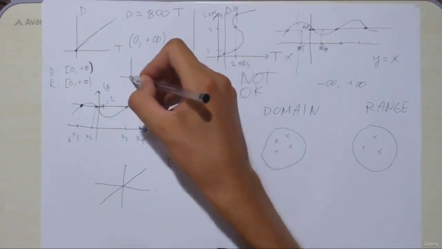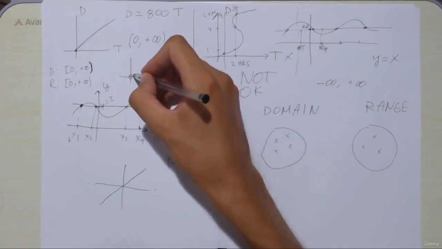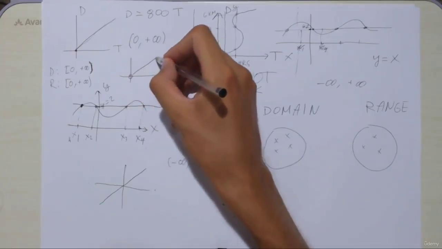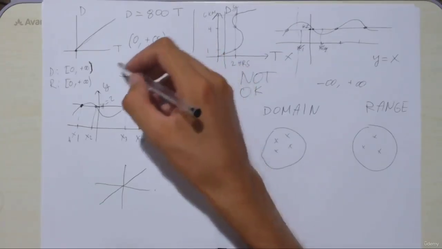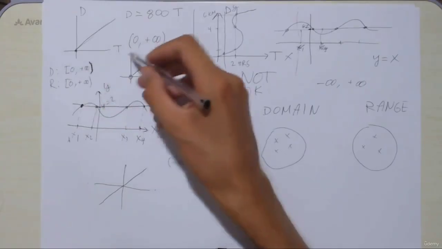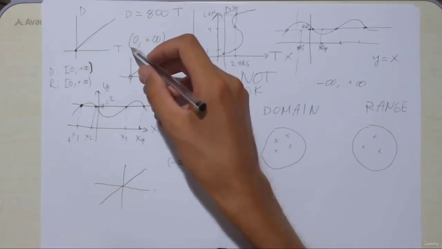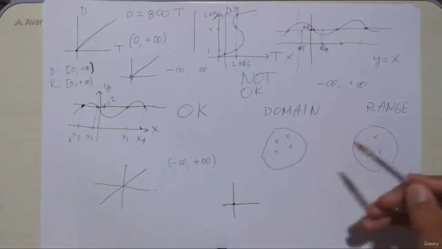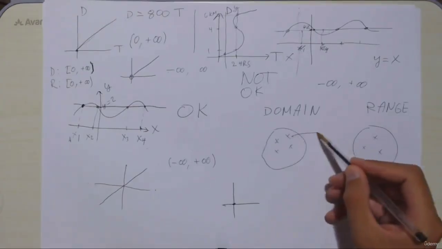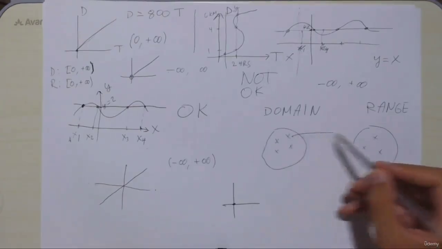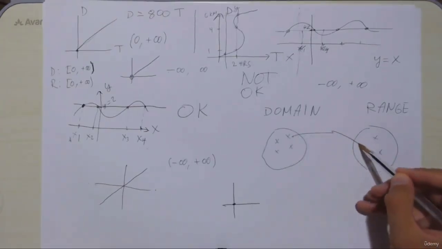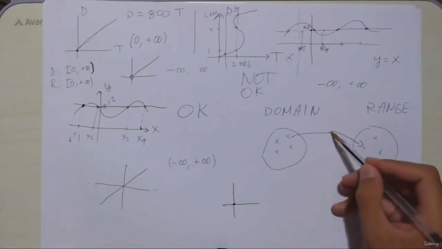I would have an empty spot at t equals 0, and then I would have a function like this. So brackets included, parentheses not included. So in a function you can map multiple domain values into one range value. So you can map this one here.